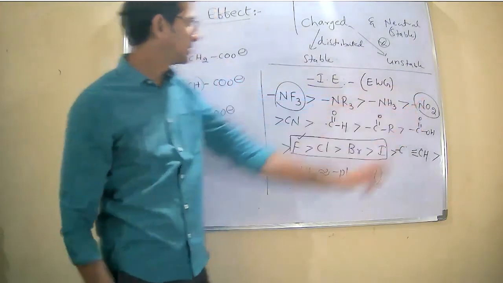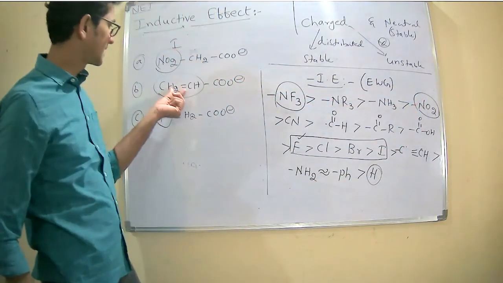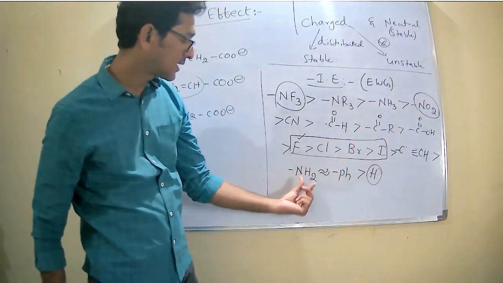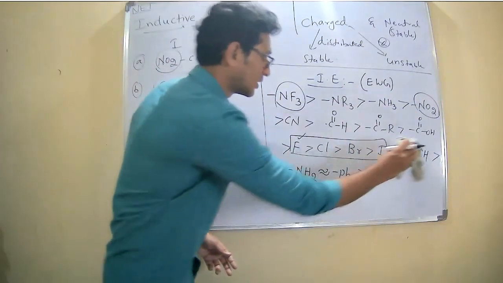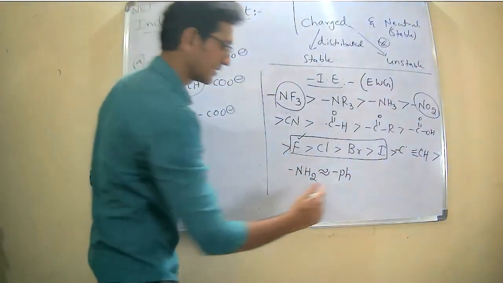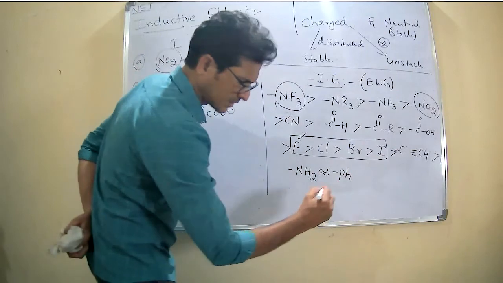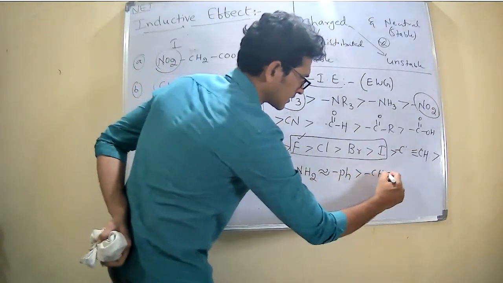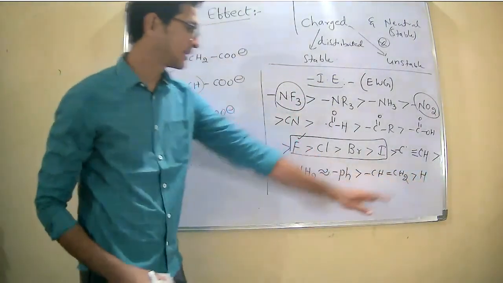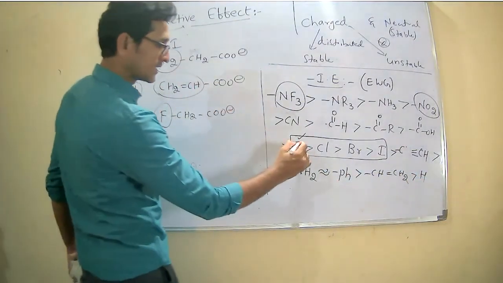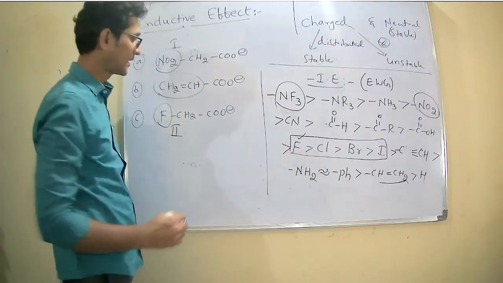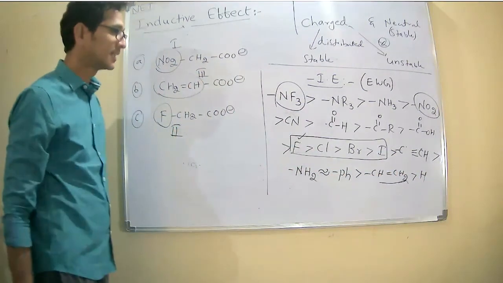The first option is here. Next, comparing these two, the second option has fluorine here. Double bond is here. Therefore, this is given as the second priority, and finally, this is given as the third priority.